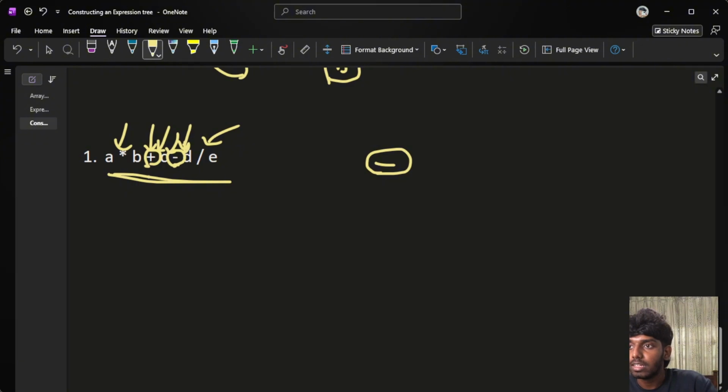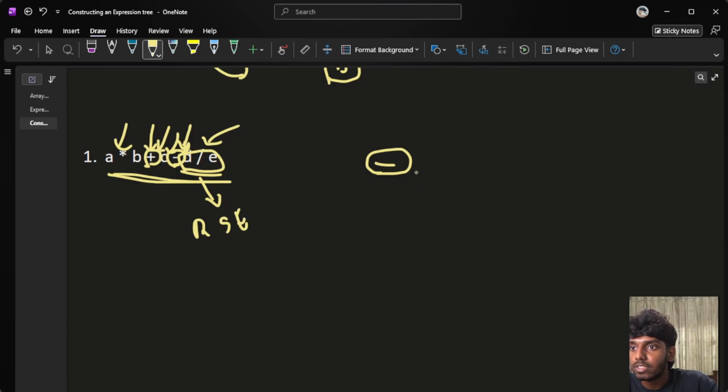Likewise, right now we have to split our expression into two parts. We found the root of our tree, so we have to split it into two parts. What I'm going to do is grab this one and make it the right sub expression.